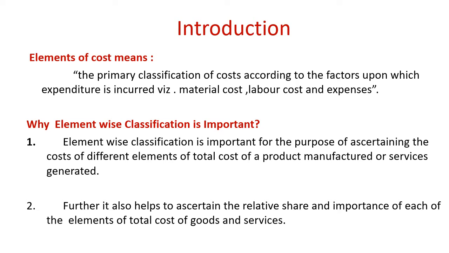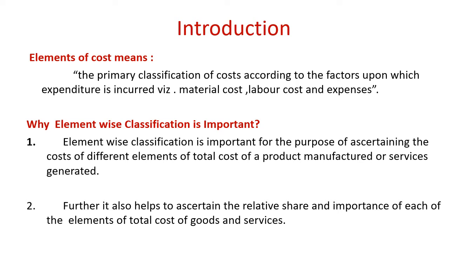Therefore, elements of cost means the primary classification of cost according to the factors upon which expenditure is incurred, that is material cost, labor cost and other expenses. Why is element-wise classification important?